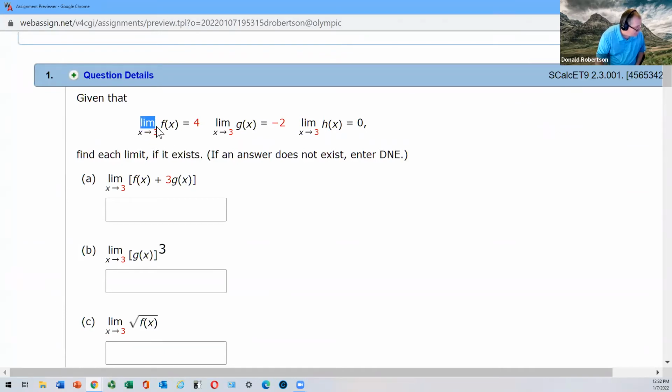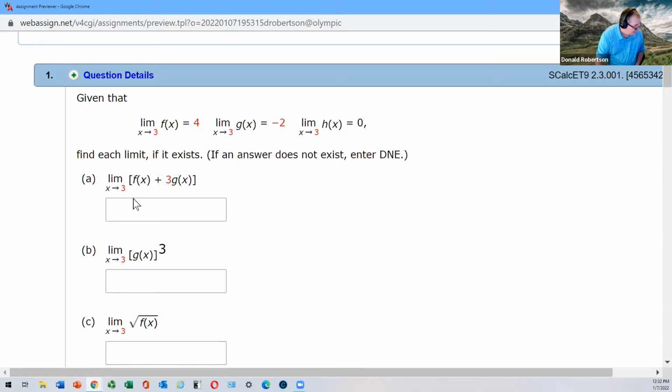If you are told that the limit as x tends to 3 of f of x is 4, and for g of x at that number it's -2, and for h of x it's 0, you can actually find the limit of any combination of f's, g's, and h's that you like. So for instance, what would the limit as x tends to 3 of f of x plus 3g of x be?